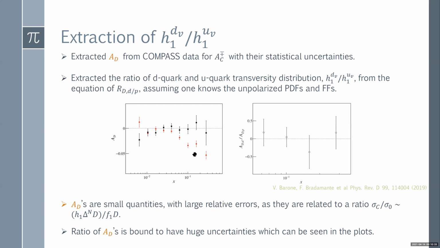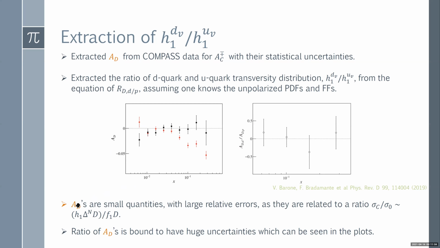From this data, they extracted the ratio of the difference asymmetry for the deuteron over the proton target. And using this data and the expression for the difference asymmetry in the previous slides, they extracted the ratio of the down quark and the up quark transversity distributions, assuming one knows the unpolarized PDFs and the fragmentation functions.